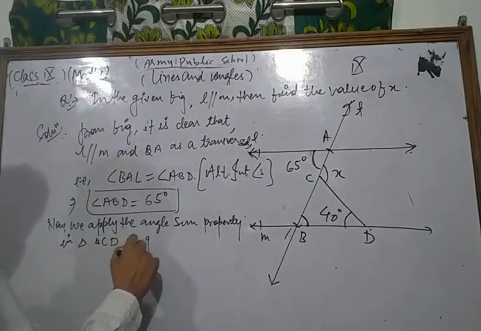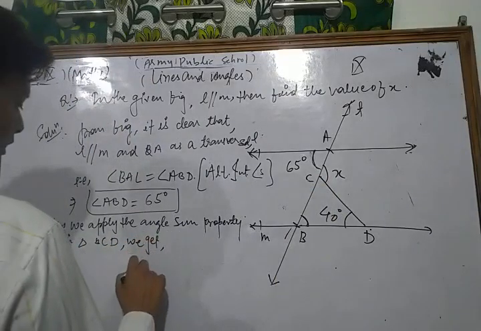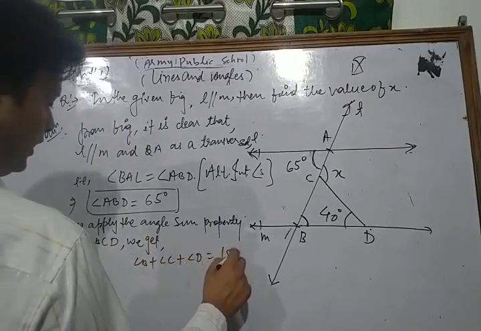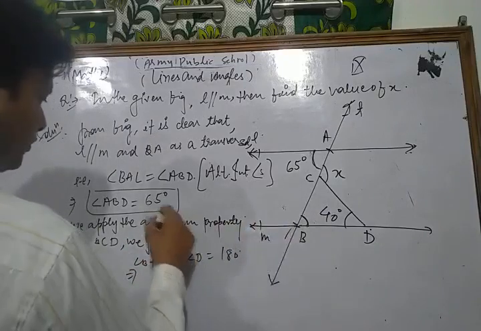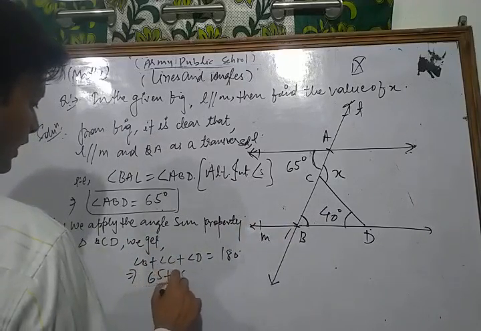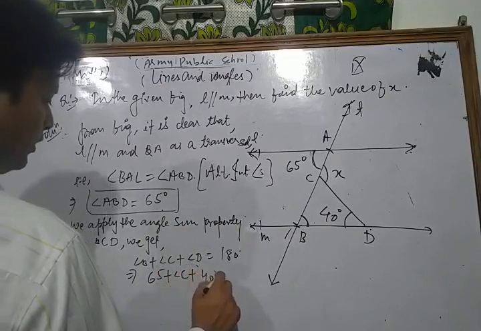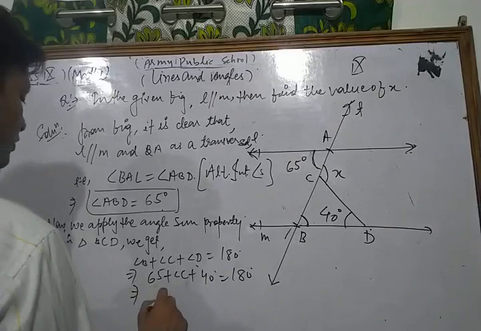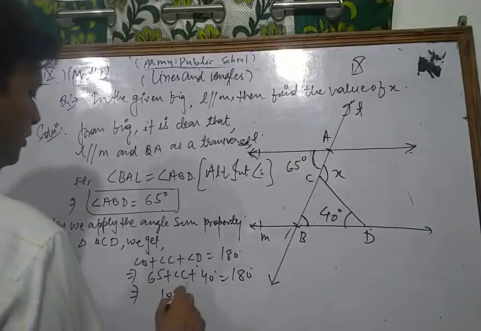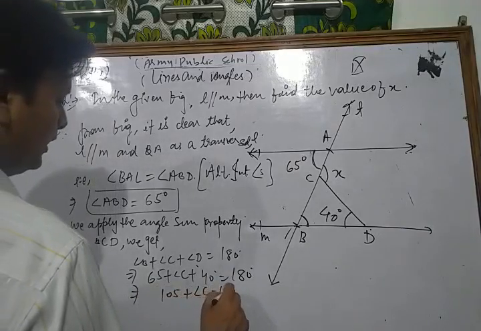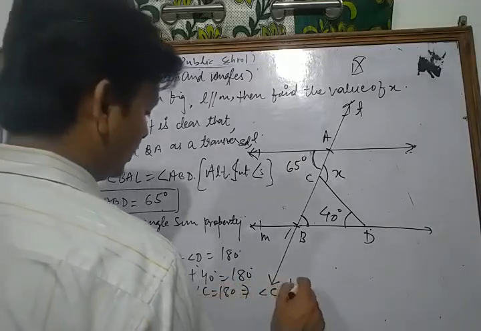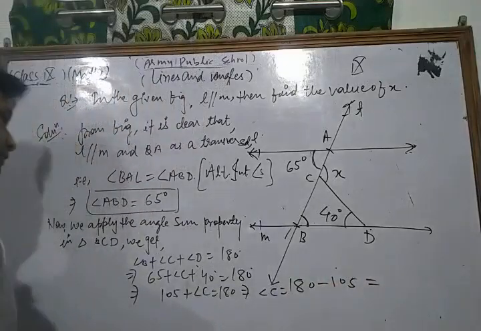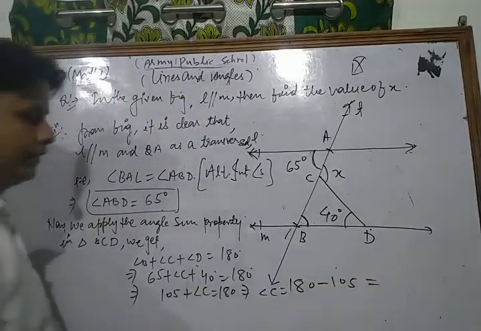We get angle B plus angle C plus angle D is equal to 180 degrees. So angle B is 65, angle C as it is, angle D is 40. So now this is 105 plus angle C is equal to 180. So angle C is equal to 180 minus 105, so we get 75 degrees.